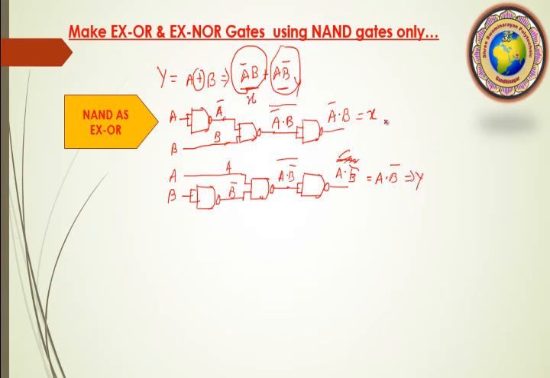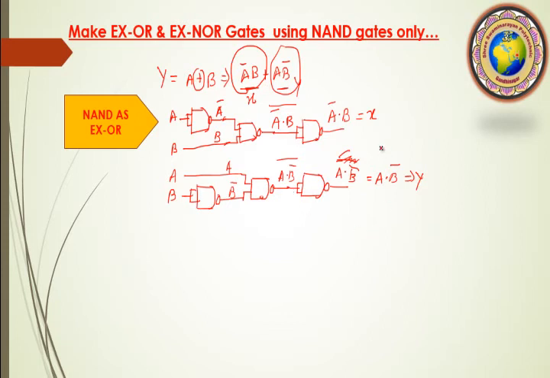Now this X and Y I want to add. So for that addition, as we know, how many gates do we require? We require 3 gates, and using these 3 gates we can do our addition. So for that addition we apply De Morgan's law. According to De Morgan's law, we have to connect in such a way.